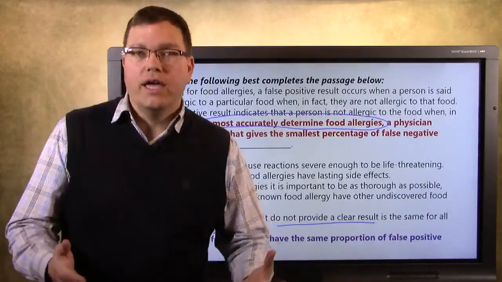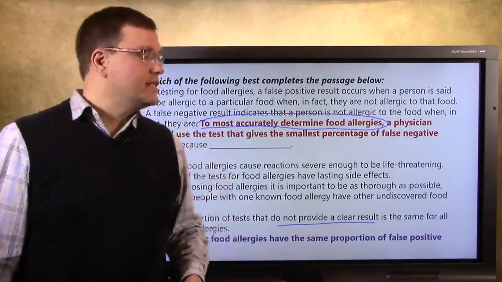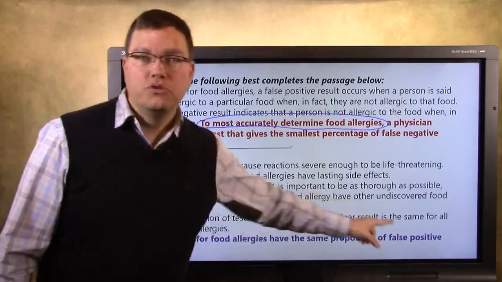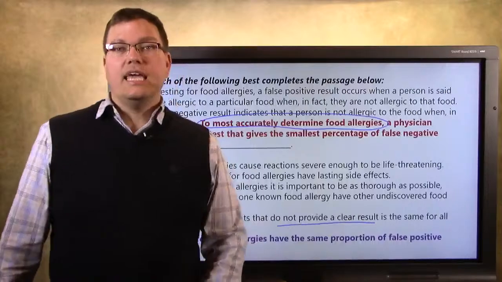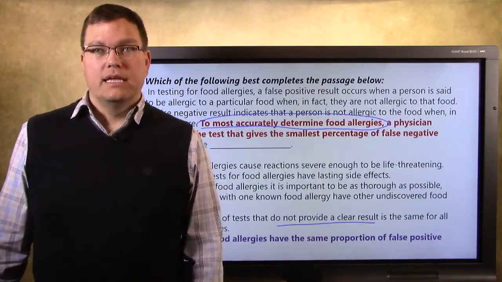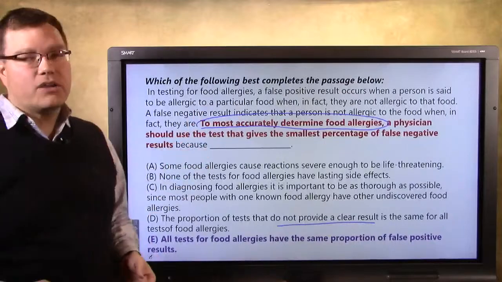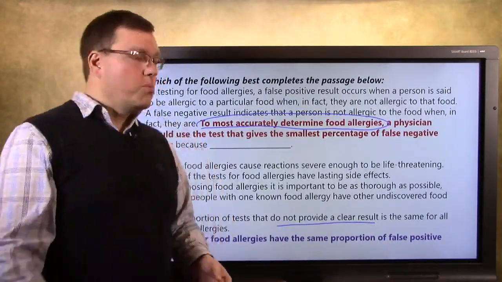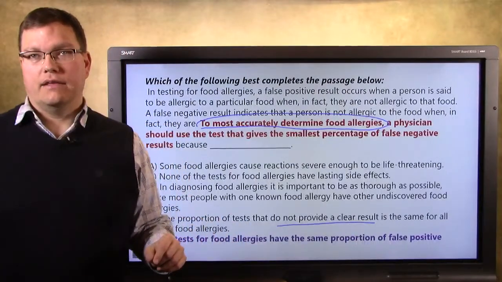But what if you go in there to get a test for an allergy or for COVID or whatever it is, and they tell you that you do have it when you don't? You see what I'm saying? So answer choice E covers a much more important aspect. Not providing a clear result is not as big a deal in being accurate about food allergies. It's much more important to know false positives and false negatives.